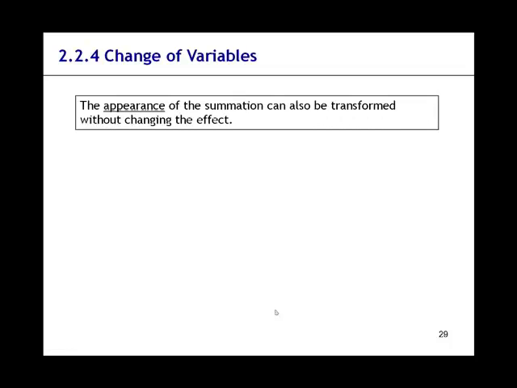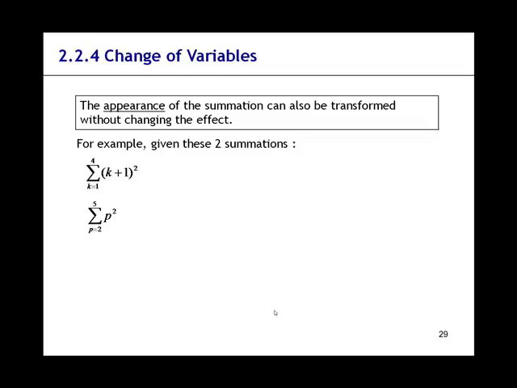Alright, the change of variables actually involves more than that. The appearance of a summation can also be transformed without changing the effect. This is what we're talking about. Given these two expressions, on first glance, they look different. The formula looks different. The initial value and the final value look different. The lower and upper limits look different.